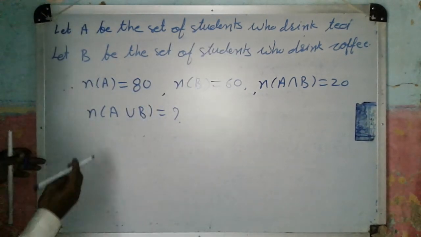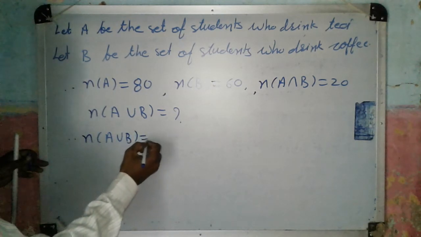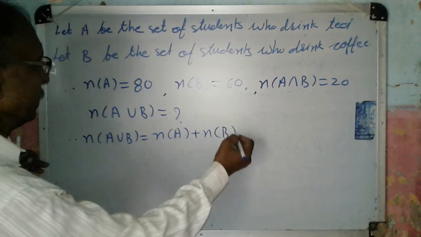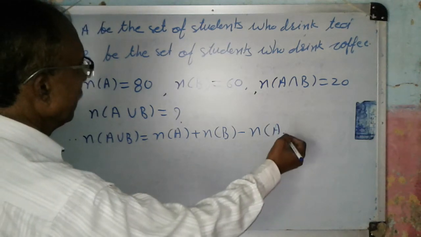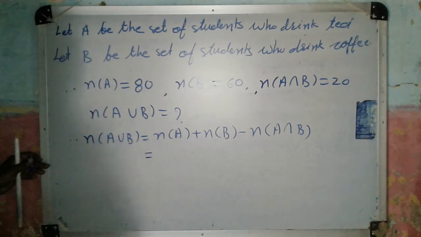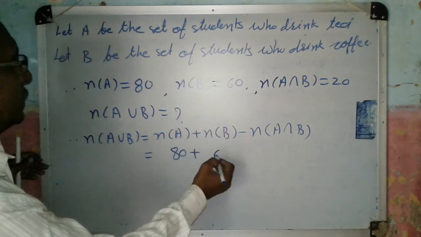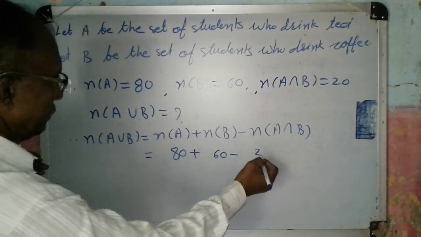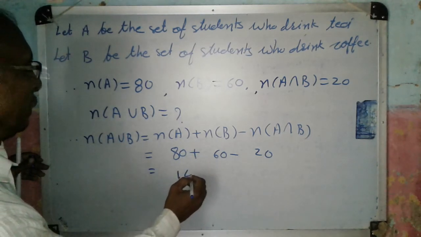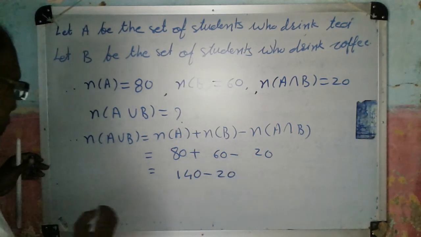So here, number of A union B is equal to number of A plus number of B minus number of A intersection B. So here number of A is equal to 80, number of B is equal to 60, and number of A intersection B is 20. 80 plus 60 we get 140, minus 20.